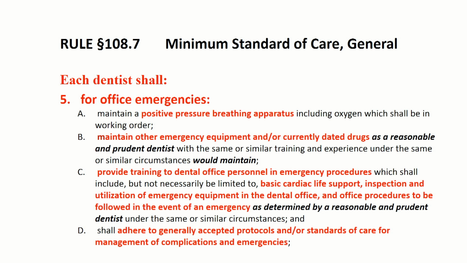The second thing of note is that the dental board does not provide you with what they expect at a minimum, what types of emergency equipment or currently dated drugs that they expect you to have specifically. This is very broad language in that sense. The board has given themselves the room to evaluate your type of practice and what you should, in their opinion, have in your office with respect to emergency equipment or currently dated drugs.